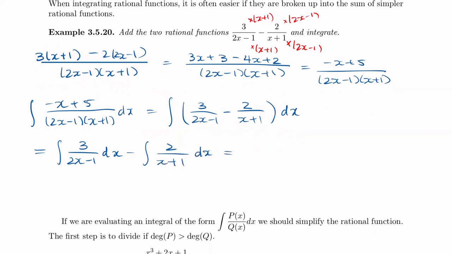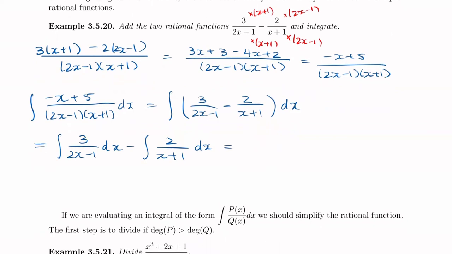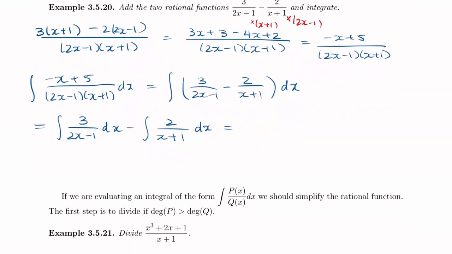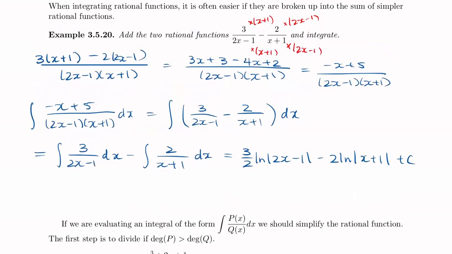And this could just be the simple ln expression. So keep in mind that for the first integral, since we have a 2 here, we're going to actually have to divide it by 2 as well. So 3 divided by 2 ln of 2x minus 1 minus 2 times the ln of x plus 1 plus c. So that's the integral for this one.